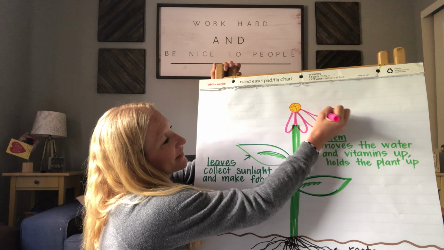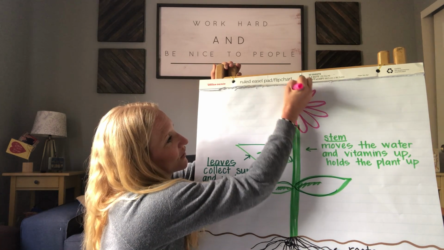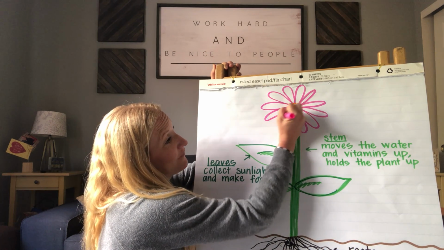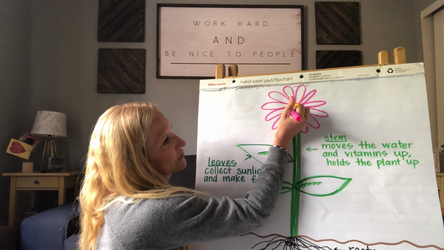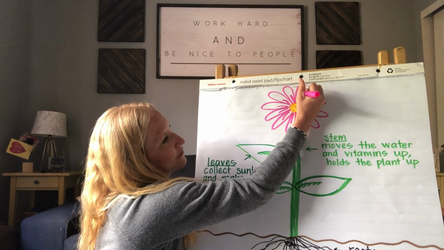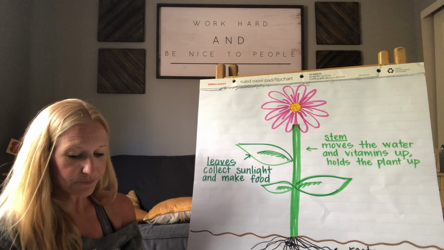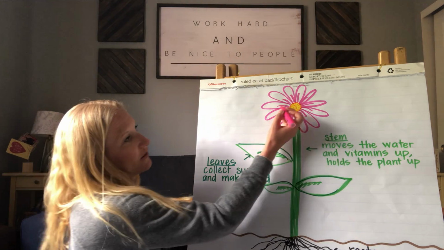If we were making this out of paper, we would cut these out of all different colors, paint the paper, and you could do that at home if you have all those things. I just don't. Okay. So there we go. There's our flower and its petals.